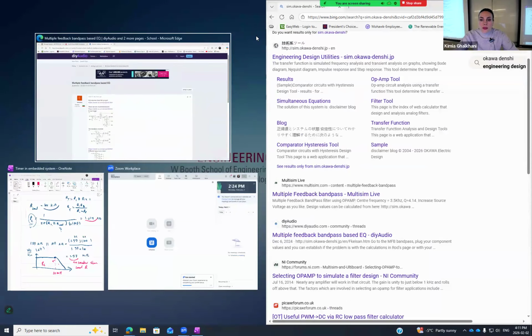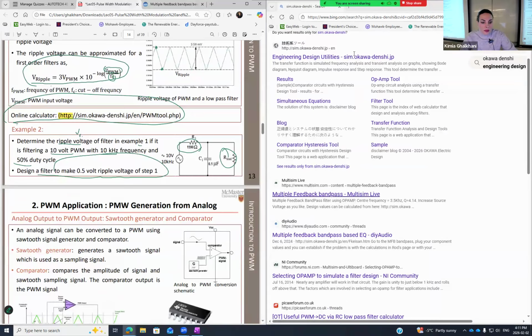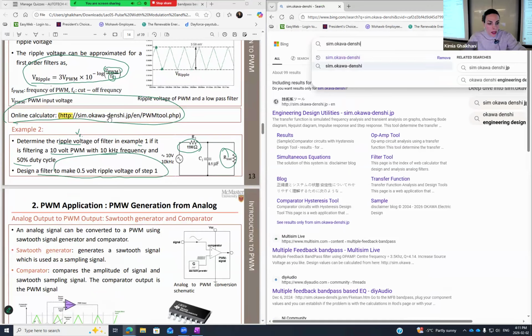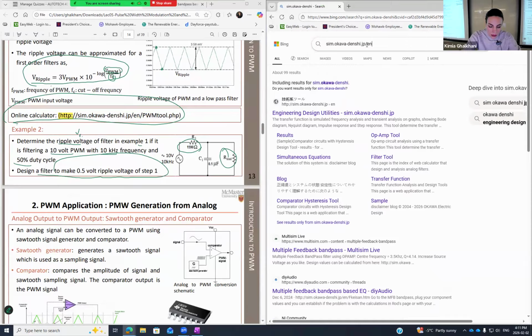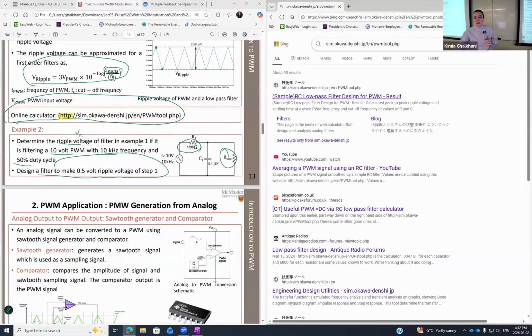This calculator, again, especially if you are going to become a pro, is gonna help you. I'm gonna type it because copy paste doesn't help me. Let me see if I can open it.